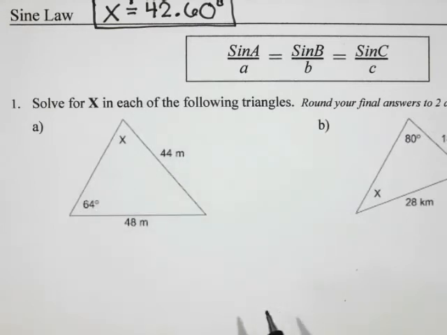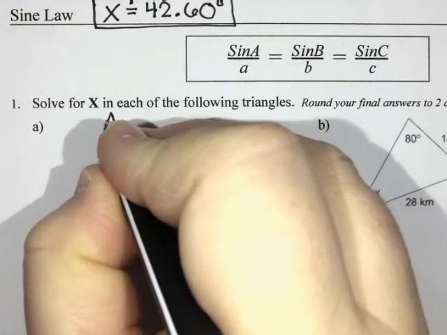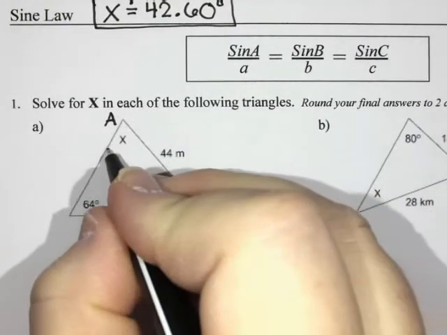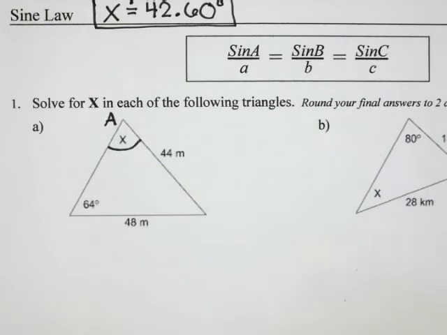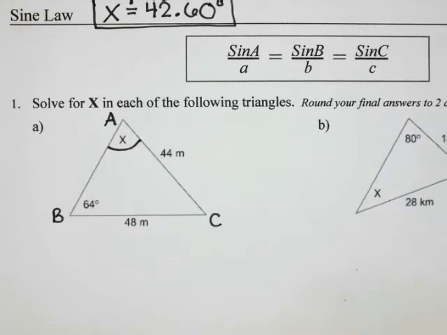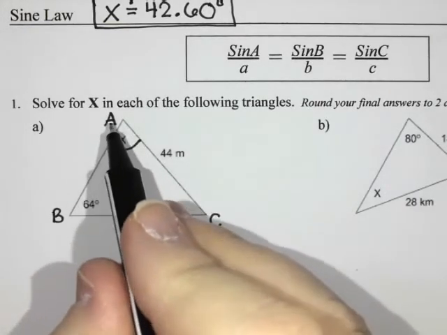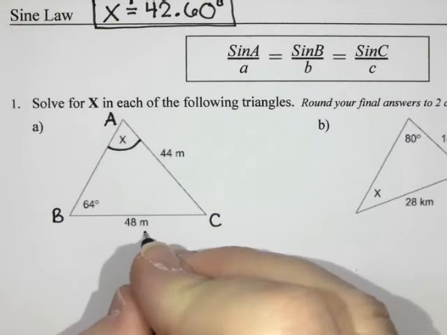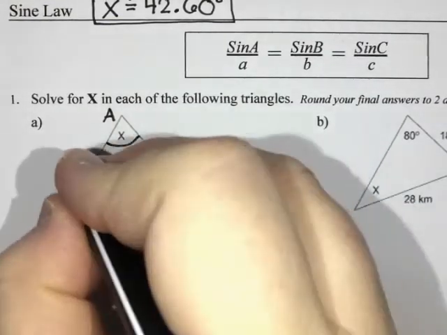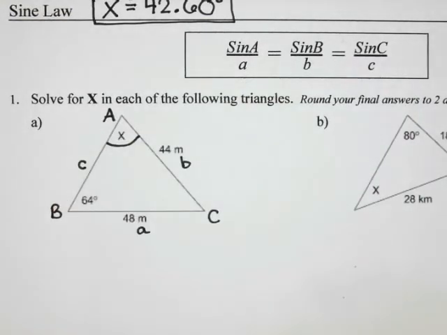I'm going to recommend that if you are solving for an angle, it's easier if you let that one be A. You can still solve it if you let this one be A, it doesn't matter, but it will be easier if you label A as the angle that you're looking for. So I called that A, I'm going to call this B, and this one C, and then label the opposite sides with the same letter. So this is angle A, this is side A, angle B, side B, angle C, side C.